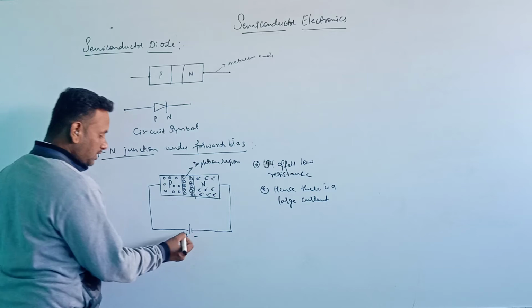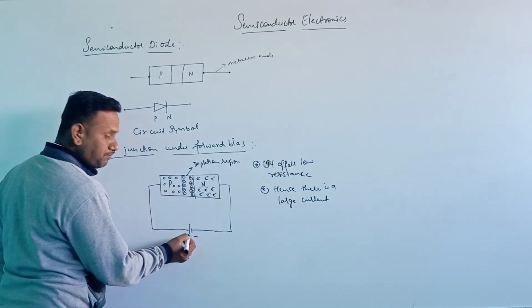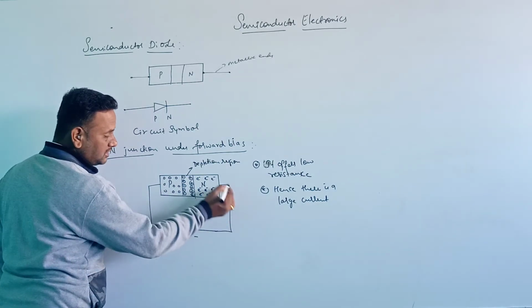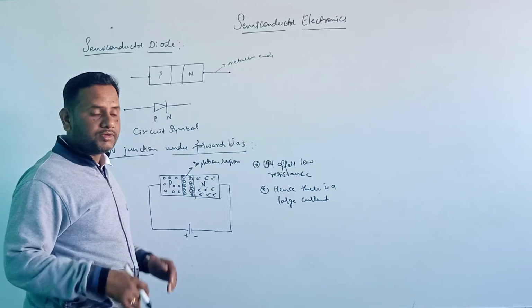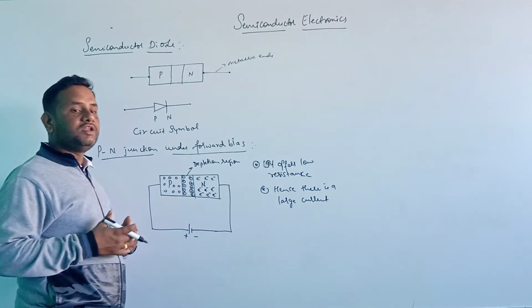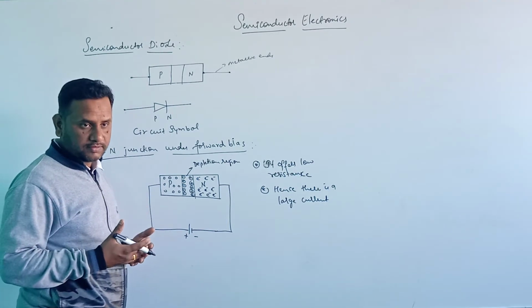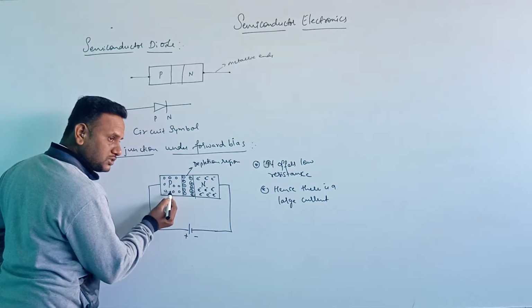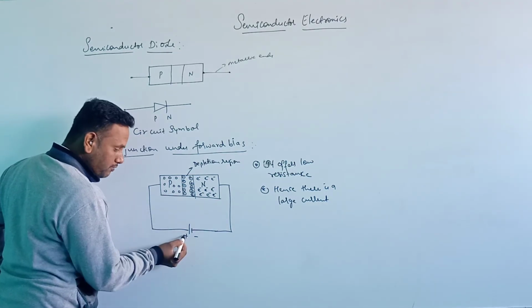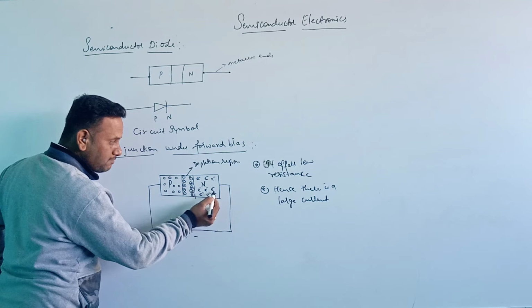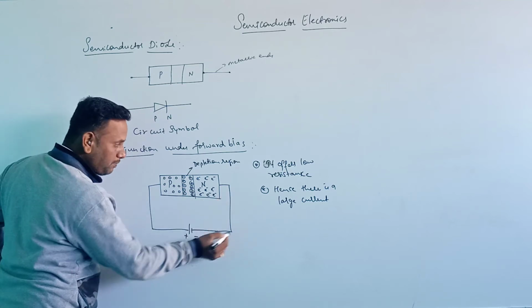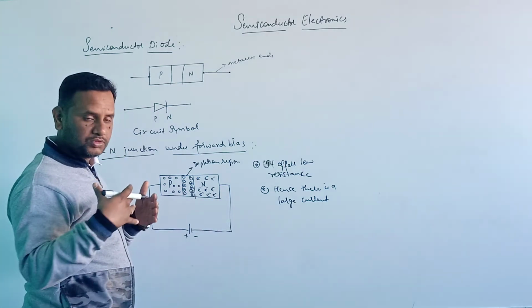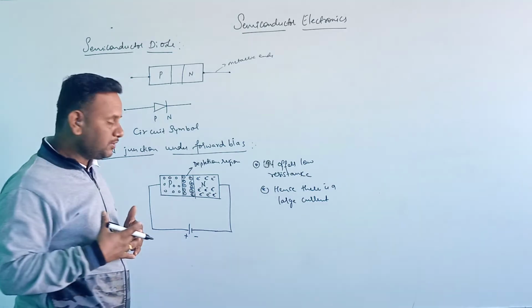So here we have connected the P region to the positive terminal and the N region to the negative terminal. Because of this there will be a large repulsion, because the holes are positive charges and this side is also positive, and here there are negative charges and this side is negative. So there will be a large repulsion.